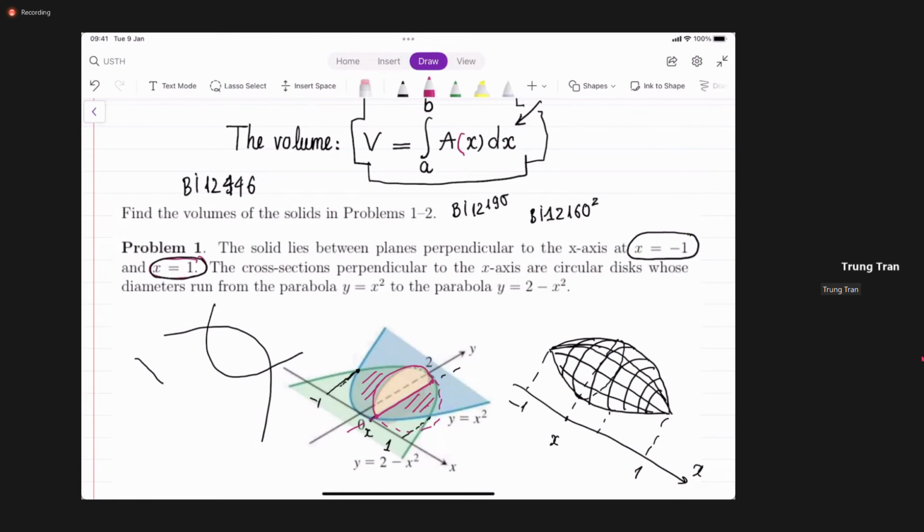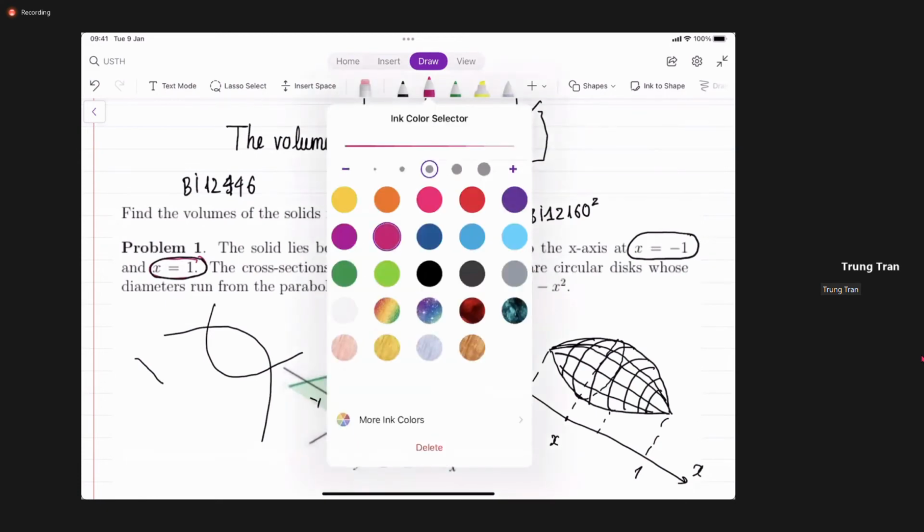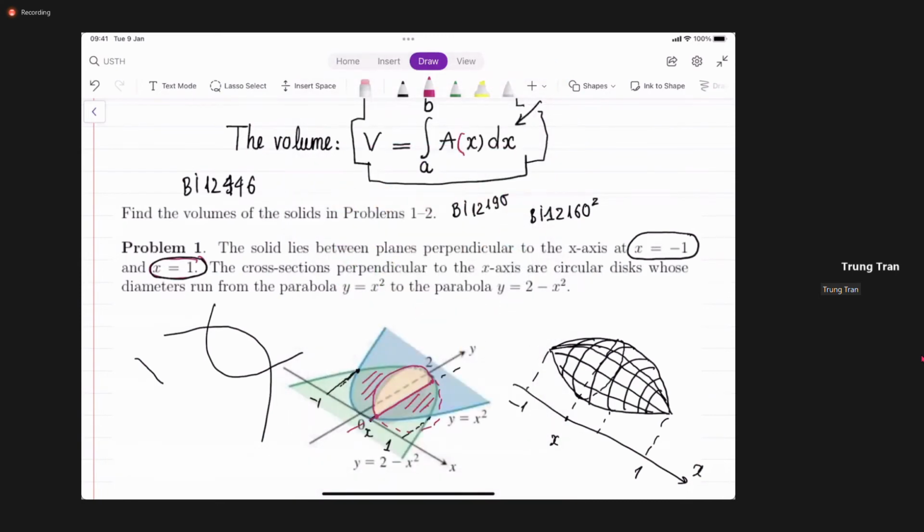Maybe I did not draw it well, but here you can see a picture of the solid. For example, here you can draw a circle like this, and at another point here you draw a circle like this, and so on.